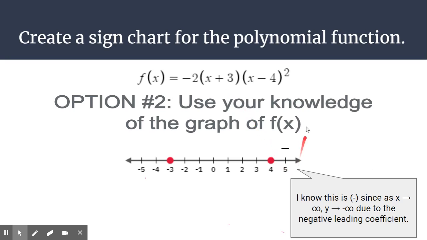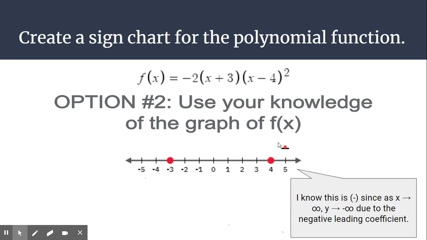So if we think about the end behavior of this graph, if we have a negative leading coefficient, our end behavior on the right side will be negative. If we had a positive leading coefficient, then our end behavior on the right side would be positive. So our leading coefficient will dictate this end behavior. So I will know that this section should be negative.